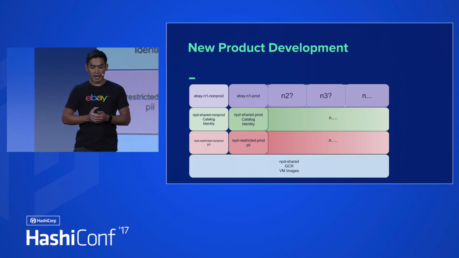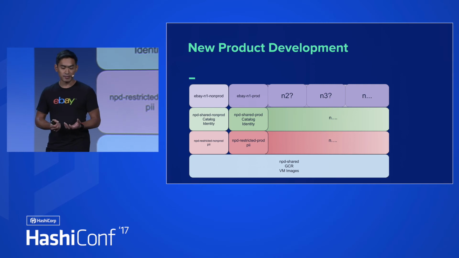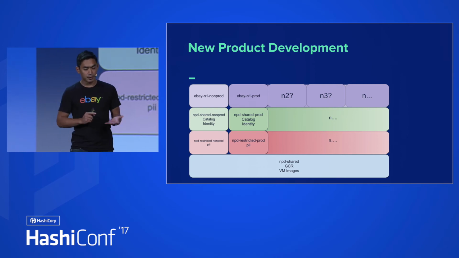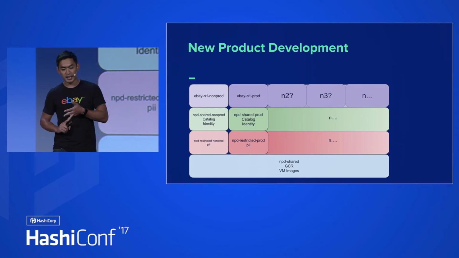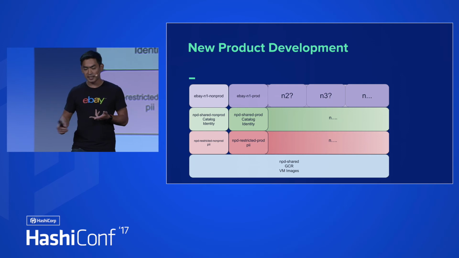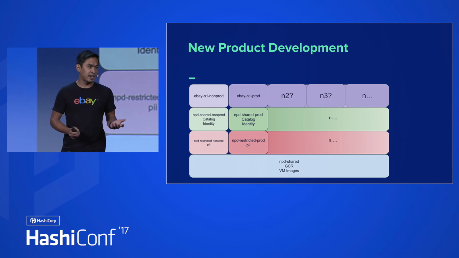Then we also have restricted and PII data. So we needed a separate project for that. That's where we're running Vault and running our PII data services. And that has lockdown IAM policies, completely separate from everything else. Then we have our catalog. Where is everything located?